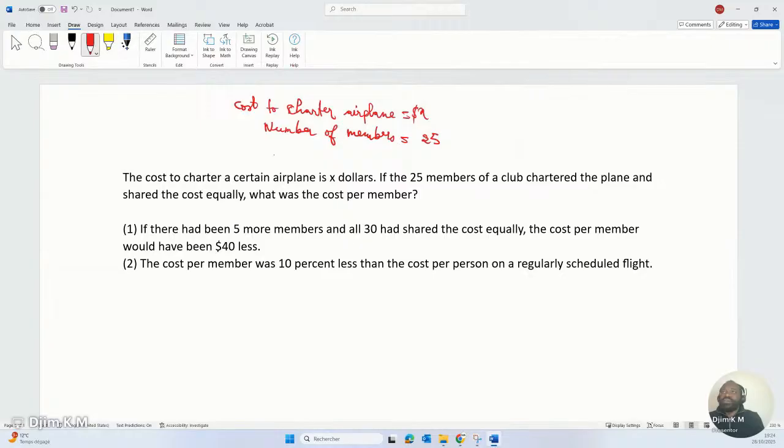So the cost per member is actually the total cost. So this is the total cost.